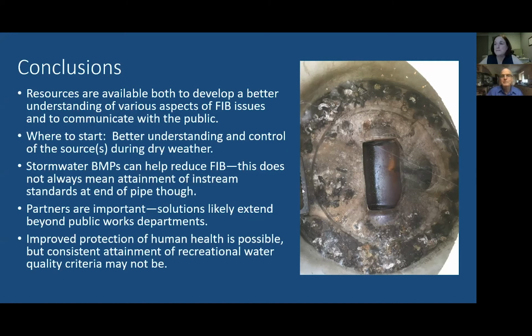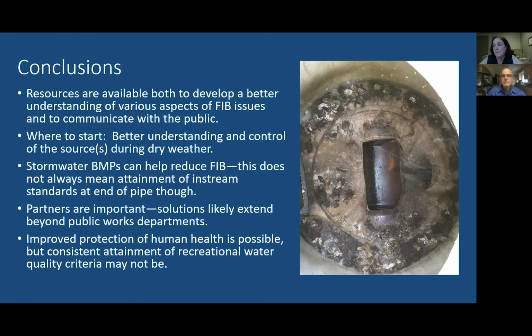Well, I'm going to answer a different question before I answer that one. I would first say that if you have a stream that's exceeding stream standards, your first step really is to figure out, do you have a controllable source related to your infrastructure that you can fix?